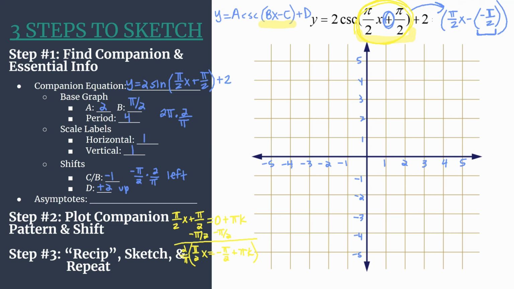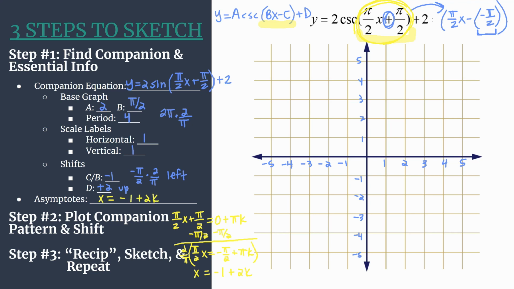That's the same thing. On the left side, we have x equals, and 2 over pi times pi over 2 gives us negative 1. Then when you do 2 over pi times pi k, you get plus 2k. So our asymptotes equation is x equals negative 1 plus 2k.